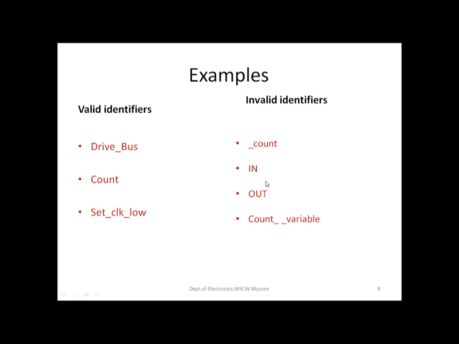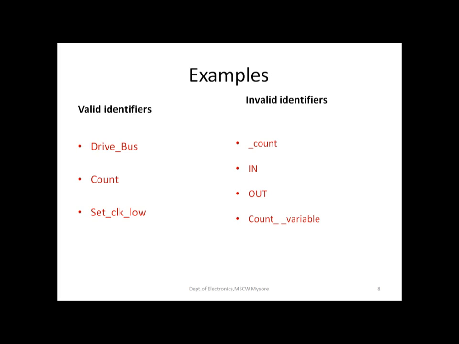Another important thing is that in and out are keywords. What the keywords are, you are going to study in the next class. For this class, understand that keywords are reserved words. The meaning of the keywords cannot be changed by the programmer.